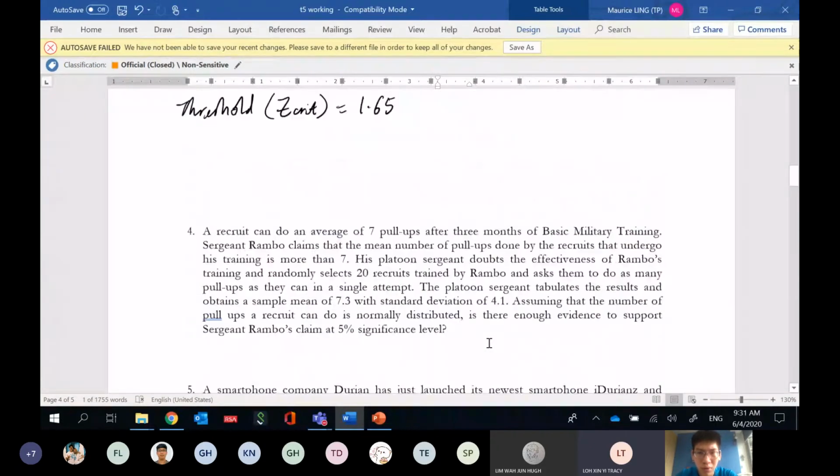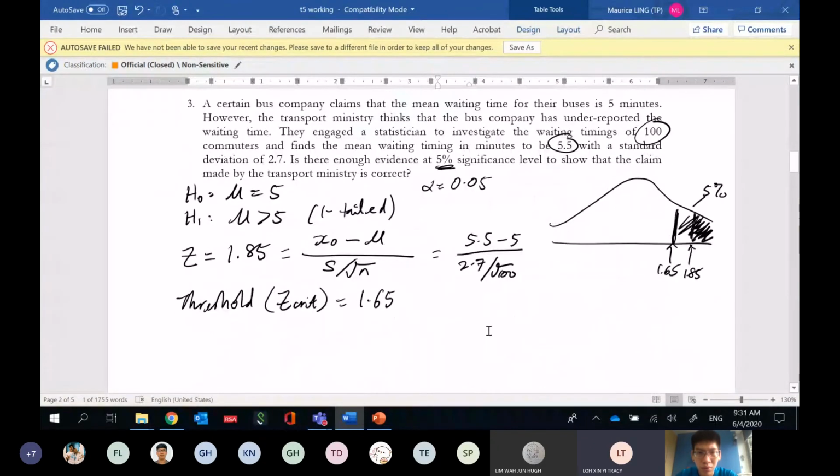So this area is 3.2%. So there is less than 3.2% that the null hypothesis is true. Do you accept or reject?